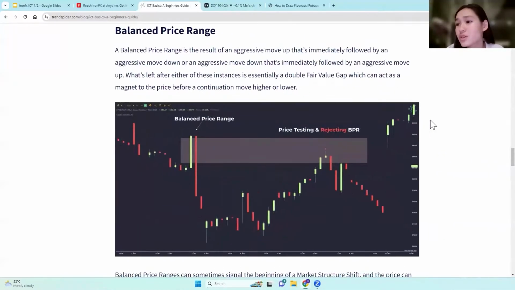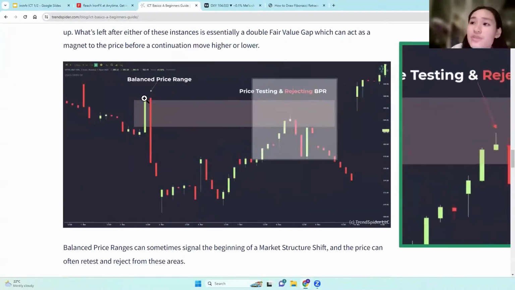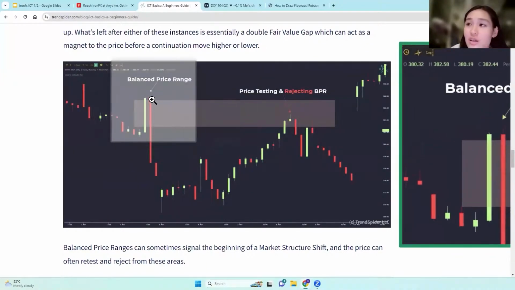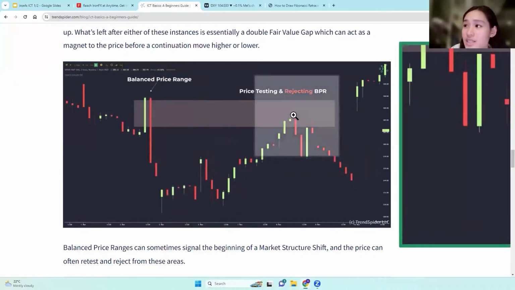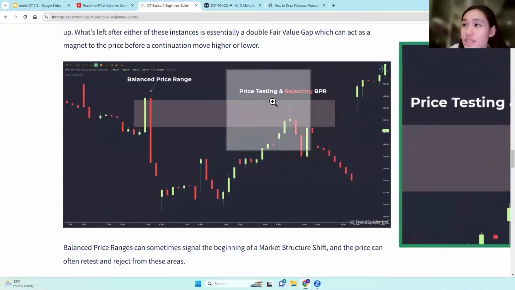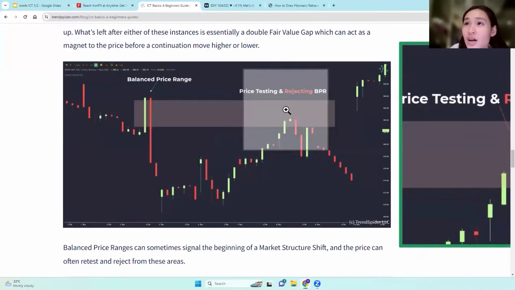Basically this is what we are looking at. Okay, so we have a balanced price range up here, which is essentially where price rebounds off of a resistance level. It drops and then it tests that level again. Here it says price testing and rejecting your BPR. Basically, if you were here for our support and resistance levels, we're just talking about a double swing high here.